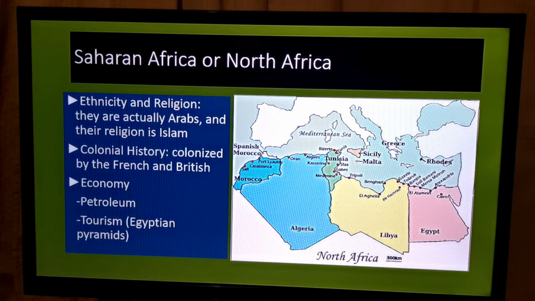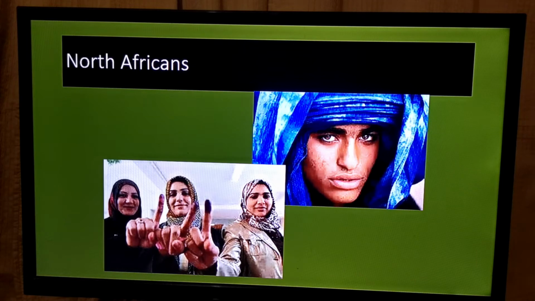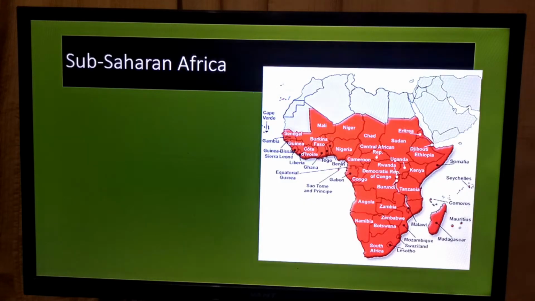So not all parts of Africa are really jungle or poor and have dark-skinned Africans. This is how North Africans look like. Okay, so they are pretty much Arab-looking, you know. So they're Africans.